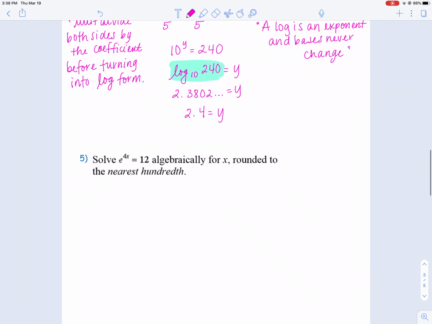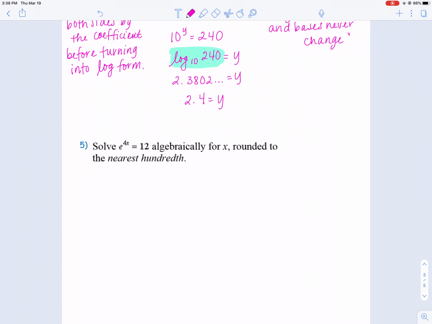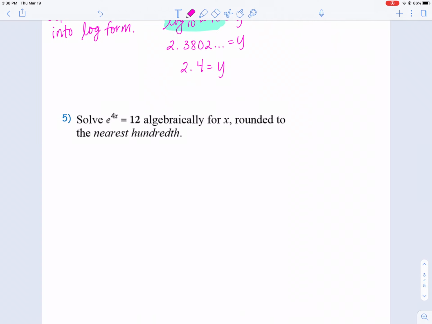Okay, let's talk about this next one where you see an e. Remember that your base of e is your natural log. So your log base e, remember, is that natural log, okay? So when you see e to the 4x equals 12, let's turn that into the natural log.